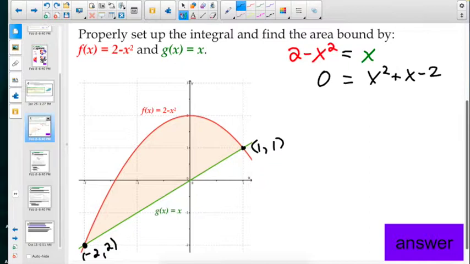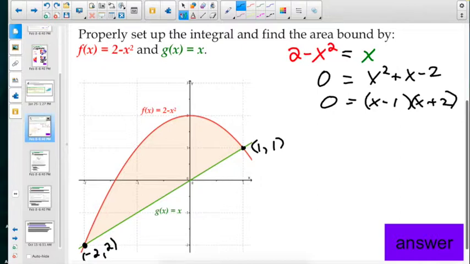When we have quadratics, the first thing hopefully we think about when solving is that we have to factor. And that factors into what? Okay, no worries.